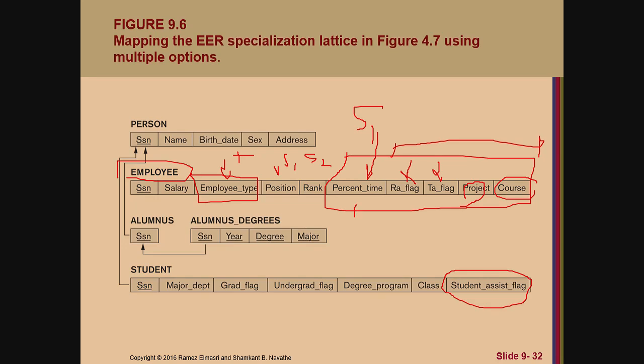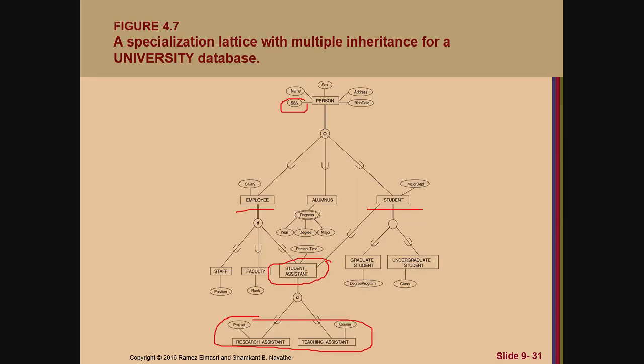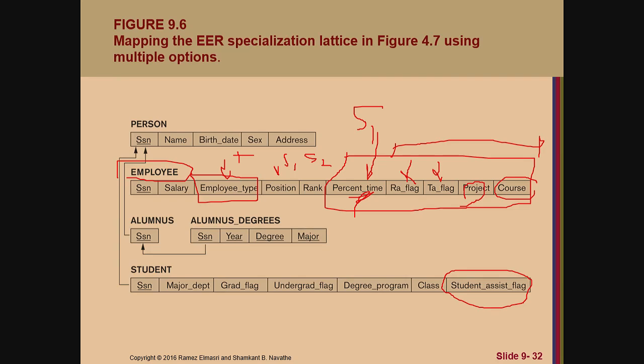And if you want more information of the student assistant, like what kind of assistant the student is working as, researcher or teaching, you can check in the employee. Here is the other T flag for the subclass of the superclass student assistant. It's quite complicated, but this makes sense.